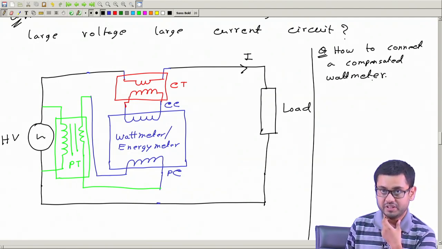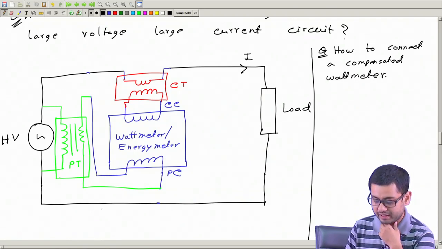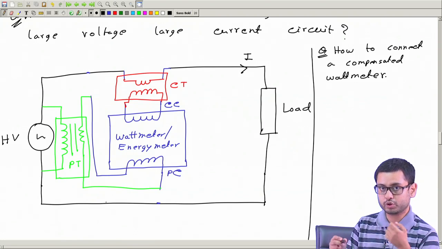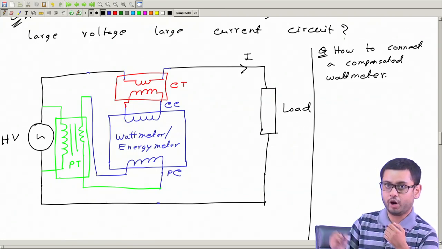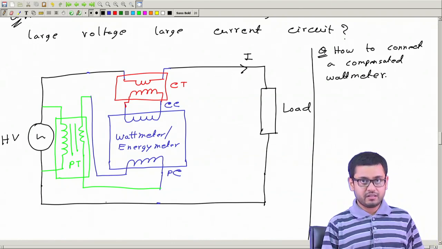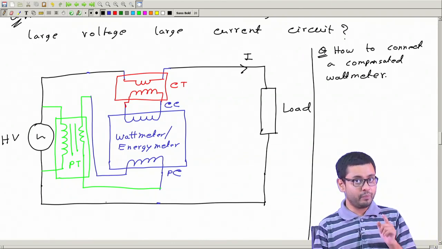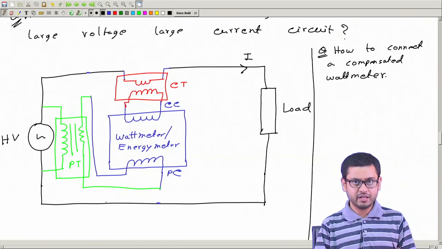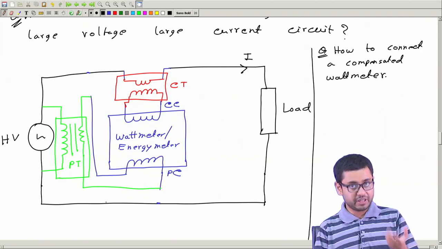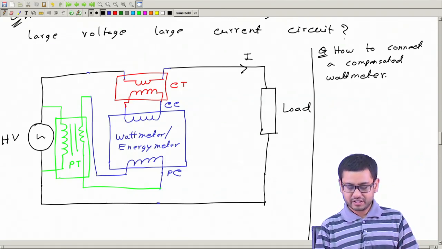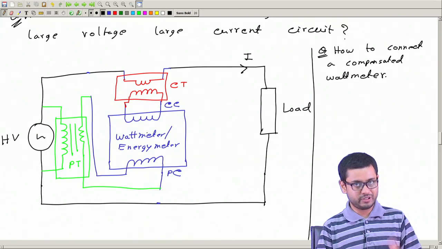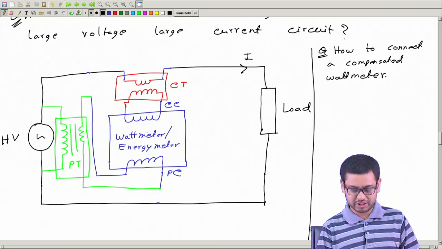If you recall, a compensated wattmeter is a wattmeter where we have an additional coil, a compensation coil, which goes over the current coil in the opposite direction. You recall that the function of that compensating coil is to eliminate the small error due to the loss in the pressure coil or in the current coil. Okay. So in this diagram, we have ignored that small error, taking it to be negligible.